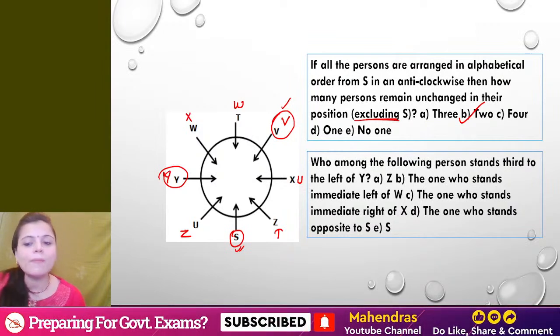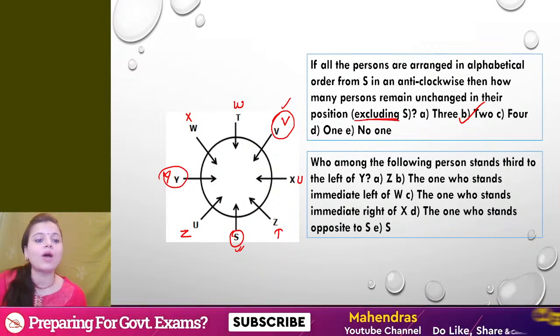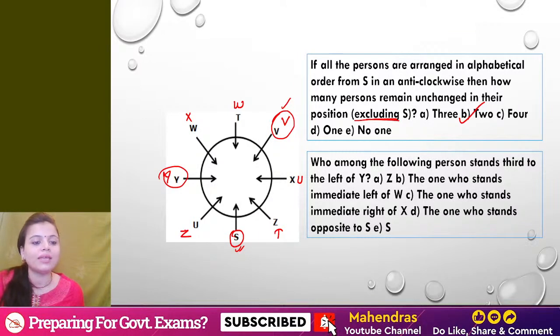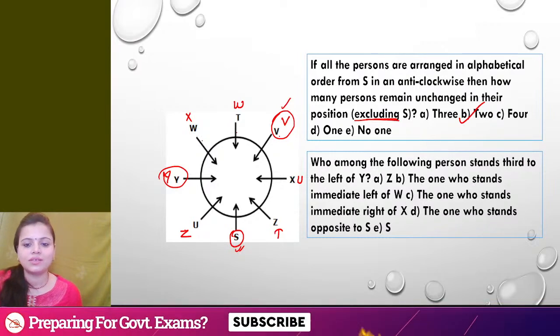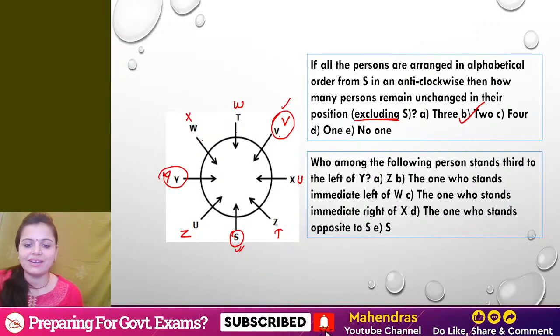Next, who among the following persons stands third to the left of Y? Third to the left of Y: 1, 2, 3 means V. But V is not given directly.